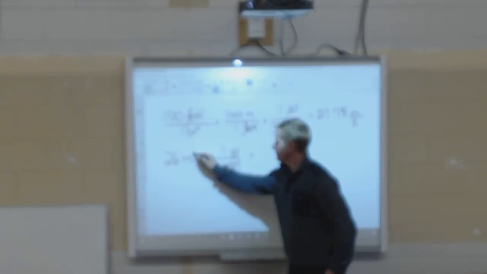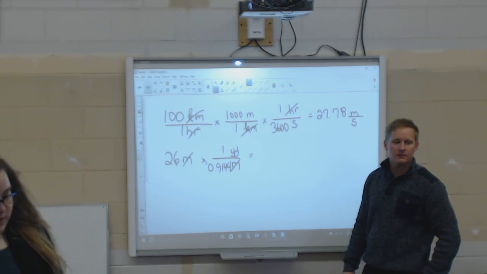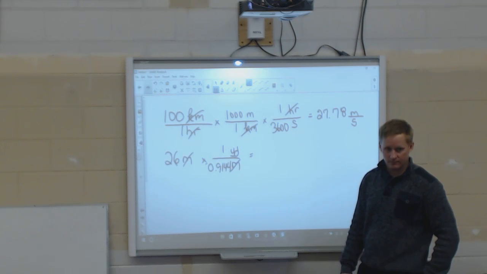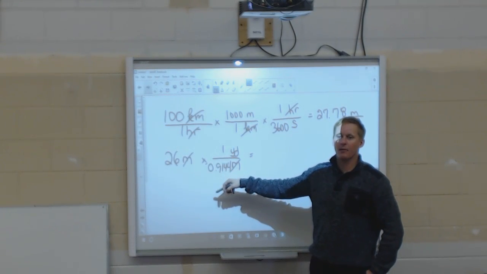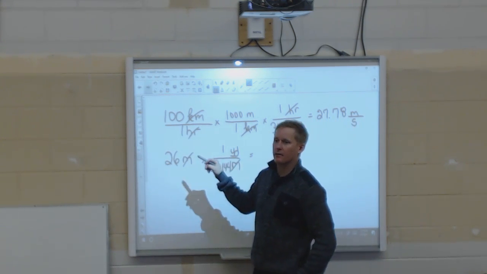So what do I do now? I multiply them. Yeah, divide. Multiply across the top, divide by whatever's on the bottom, right? Because this line means divide.